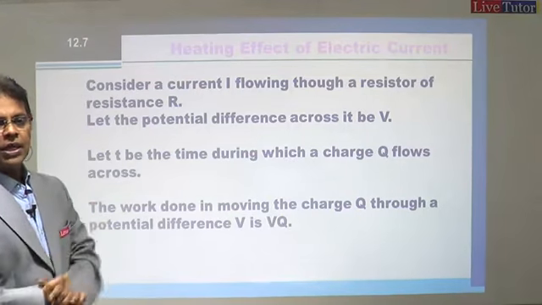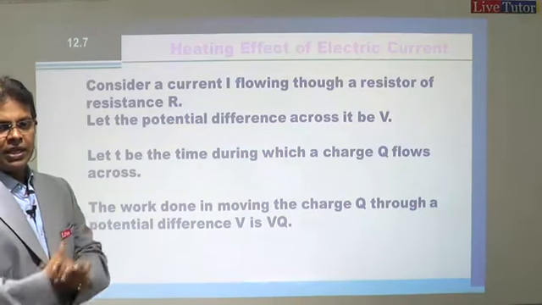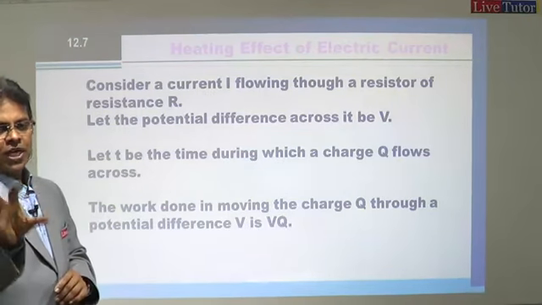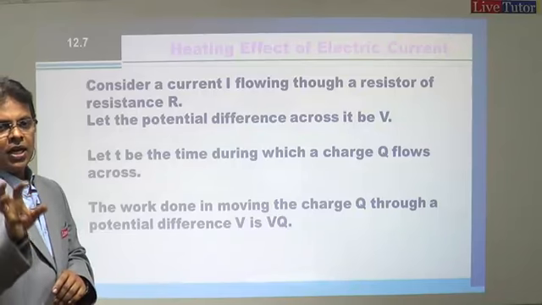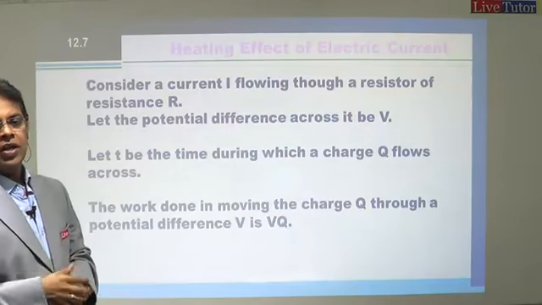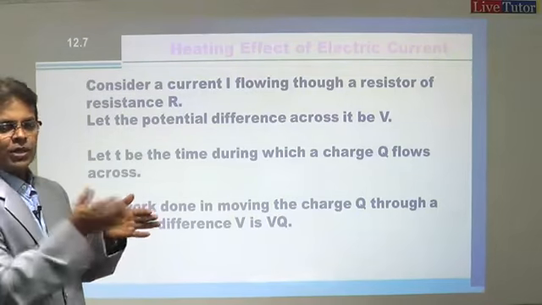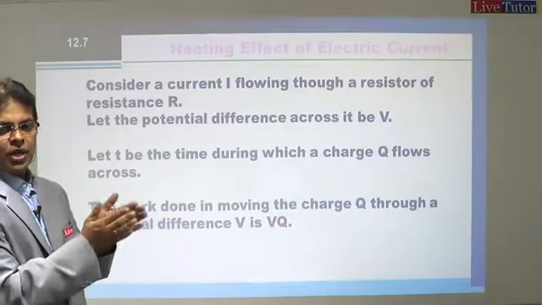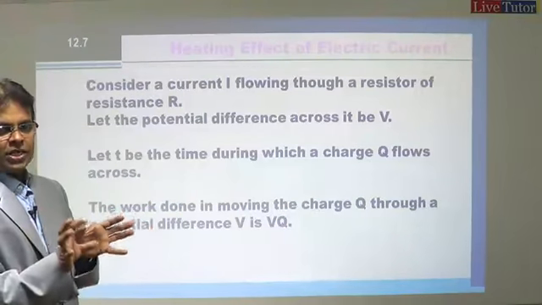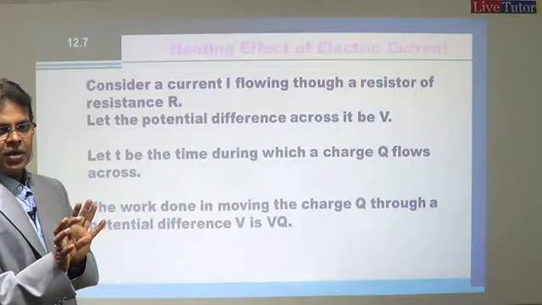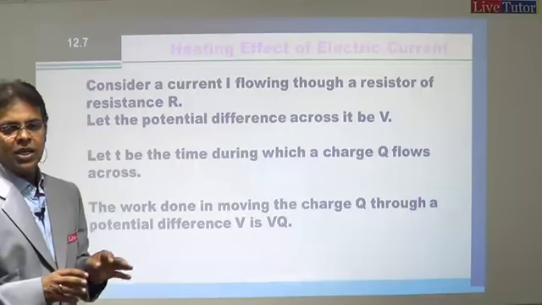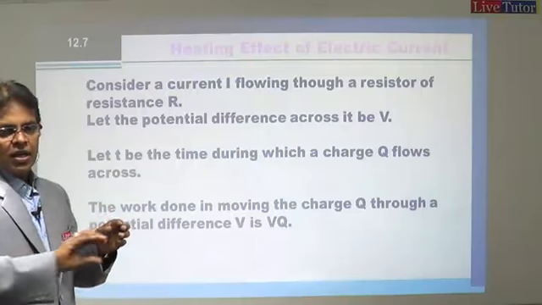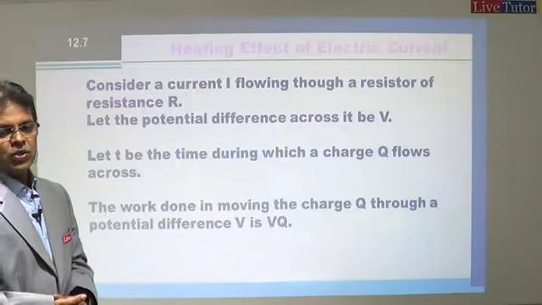Now let us calculate the electric work done. That means this amount of charge, Q, has to be moved across the resistor from one end to the other end through the potential difference V. So against this, the charge has to be moved. So what is the value?